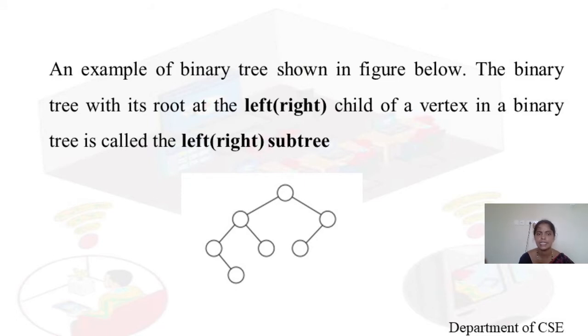The tree which exists across the left child is called the left subtree. The tree which exists across the right is termed the right subtree. The right child forms a right subtree and the left child forms a left subtree.